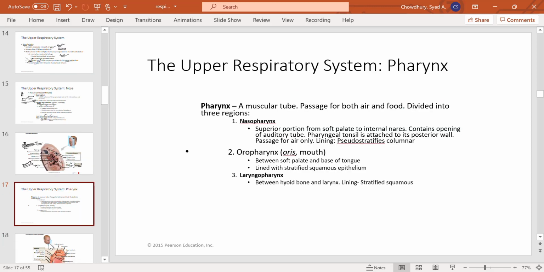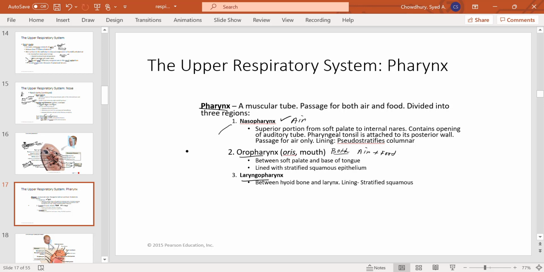Okay, now after the nasal cavity you have the muscular tube, that's the pharynx, and the pharynx has three parts. The uppermost is the nasopharynx, only for air, and the oropharynx and laryngopharynx, these two parts are for both air and food.